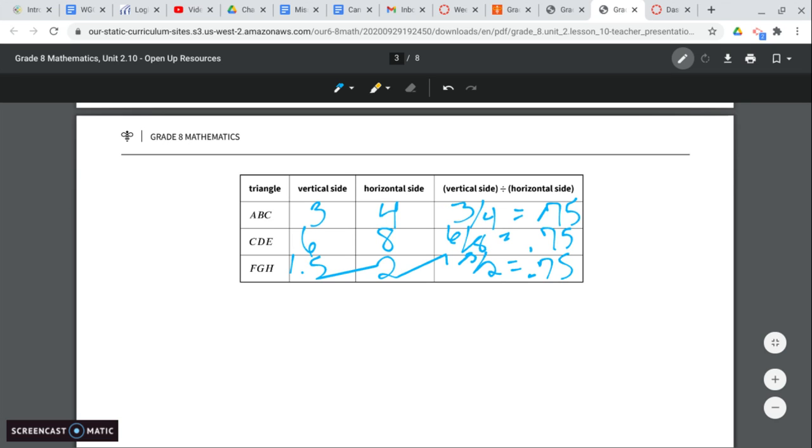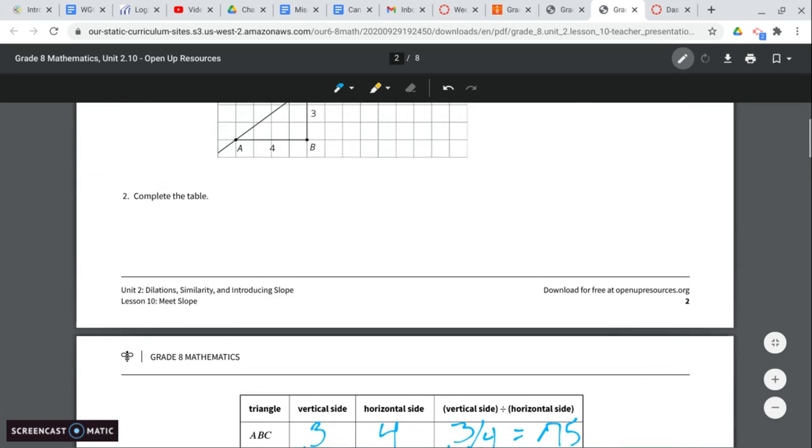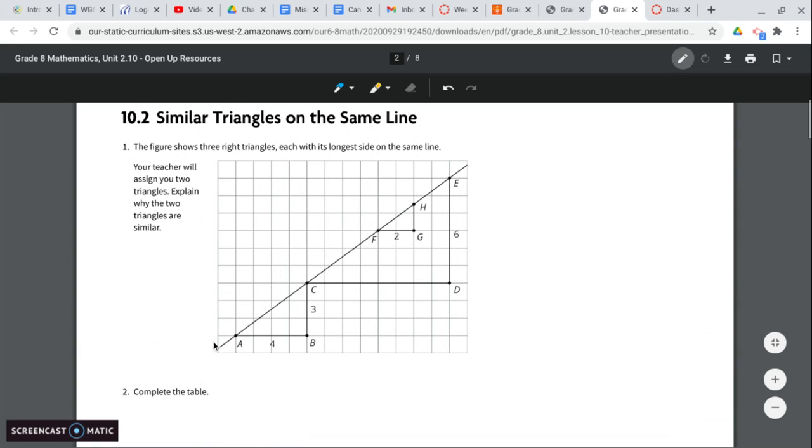So all of these triangles have the same quotient for their vertical divided by horizontal sides. Dividing these, we get the same relationship, which shows us that these are similar triangles, despite the fact that obviously they're all different sizes.